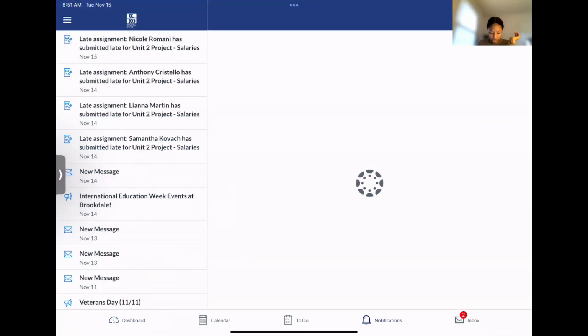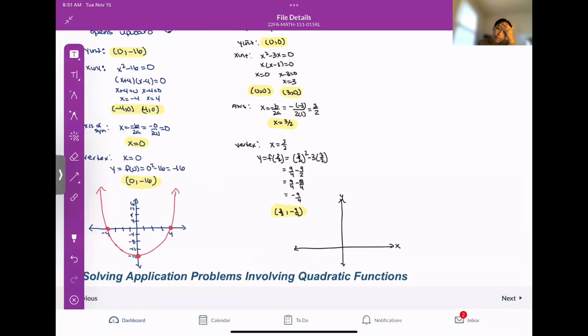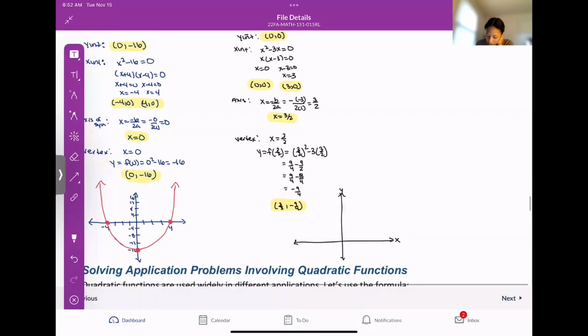What information do we have here for the scale? Or what points do we need to plot? We have to plot 0, 0. We have to plot 3, 0. And then we have to plot 3 over 2, which is about 1.5, comma, -9 over 4. -9 over 4 is, what's that, 2.25? -2.25. Okay.